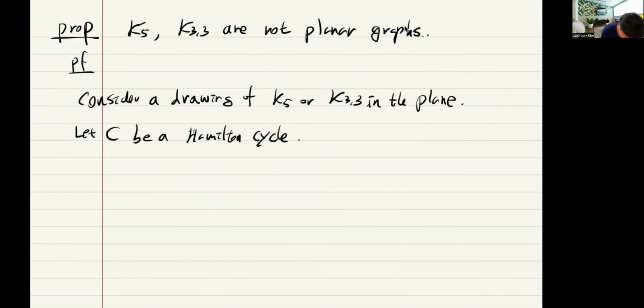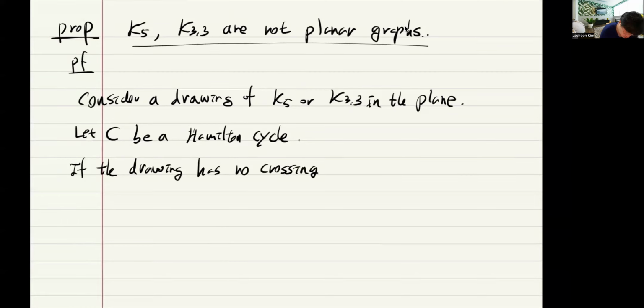Then what? In order to show that they are not planar graphs, we have to show that no matter how you draw this, you must have a crossing. So assume the drawing has no crossing.